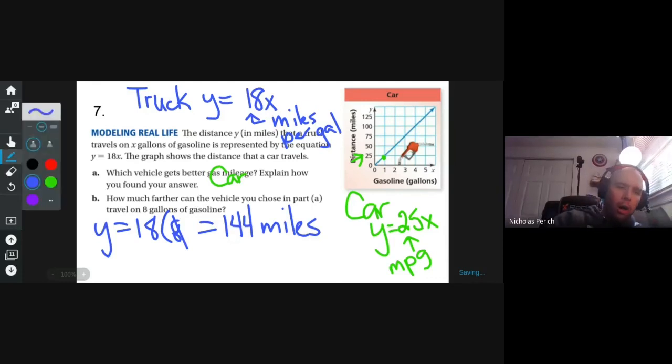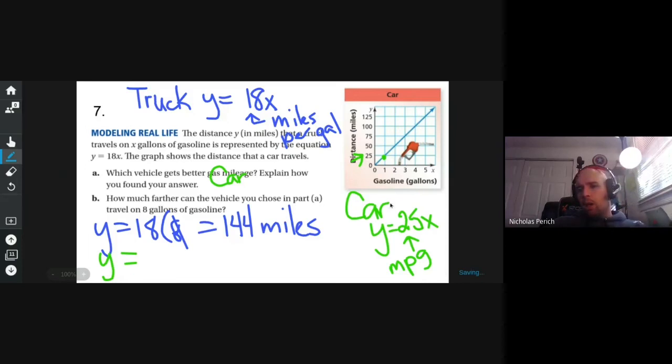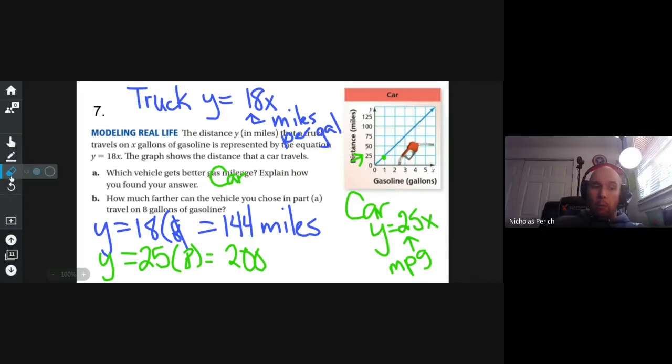The car can go 25 miles per gallon, and if I have 8 gallons in that vehicle, that's 200. The question is asking, how much farther can it go?